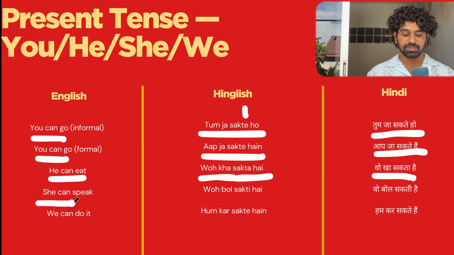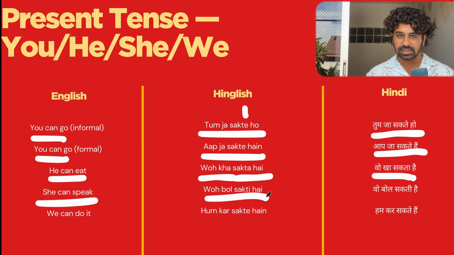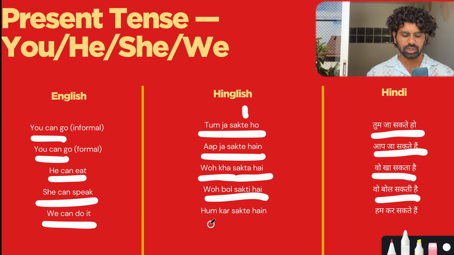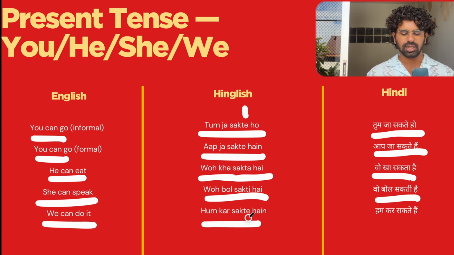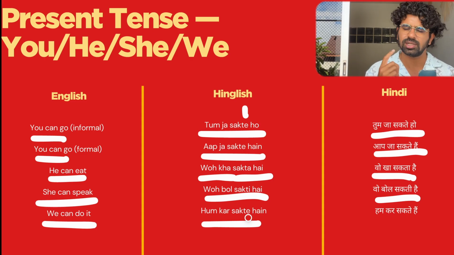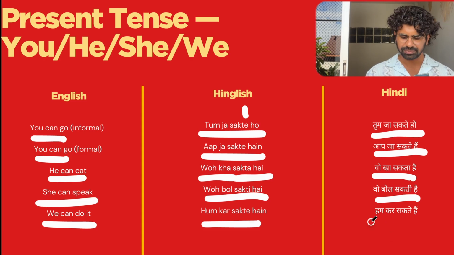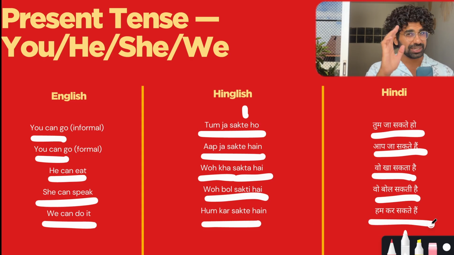Then we have "she can speak," and that would be वो बोल सकती है. And "we can do it": हम कर सकते हैं. Again, you see this e. Why? Because now we literally have something plural. So that's why we have हम कर सकते हैं. Perfect. Okay. I hope it's making sense so far.